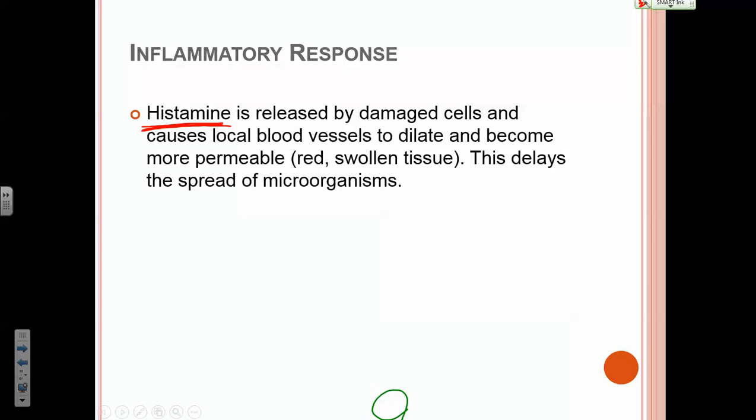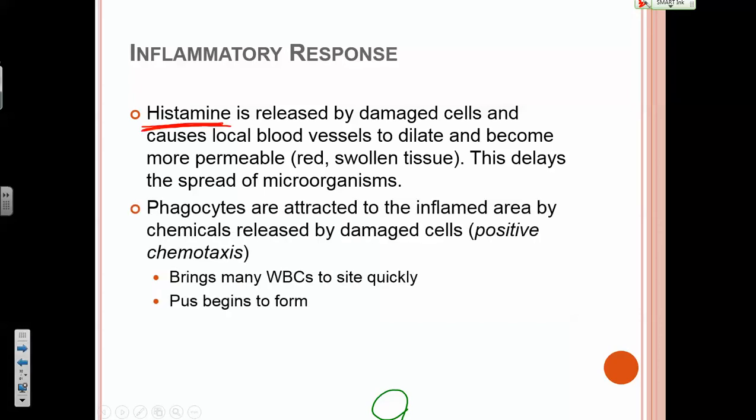Then the blood vessels are more permeable, and that means more fluids leak out of the bloodstream, and the tissue swells. That swelling could be enough to contain the pathogen, so it doesn't go anywhere else. So it results in red, swollen tissues, and all of that prevents the spread of microorganisms. Because more blood flows to the area, it gets warm, and that heat might denature some of the proteins on the pathogens.